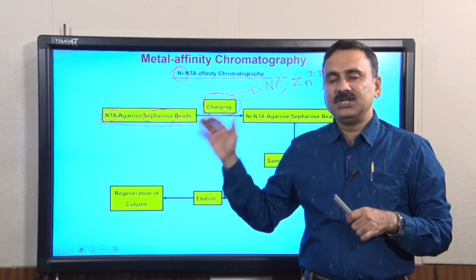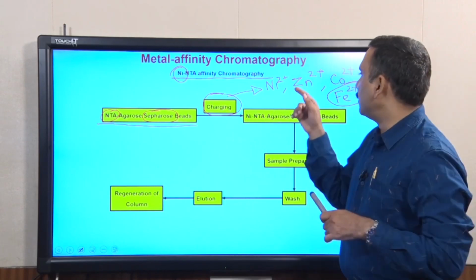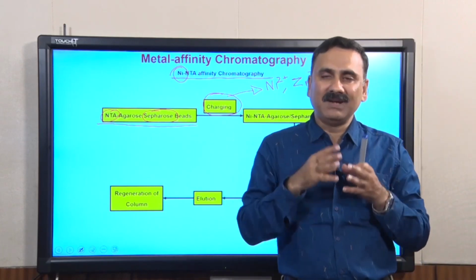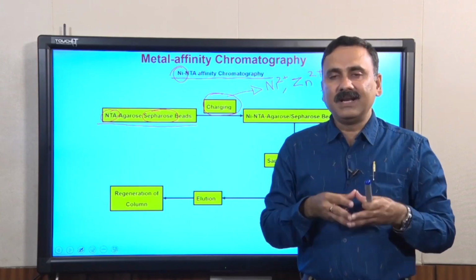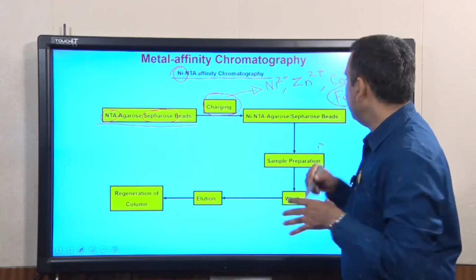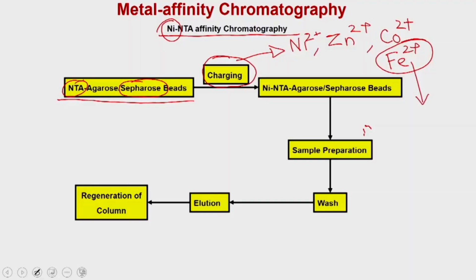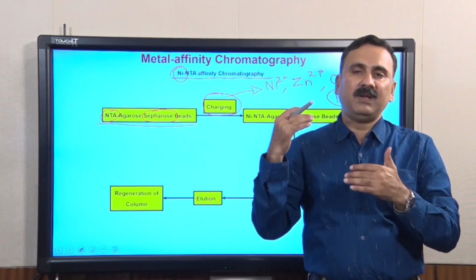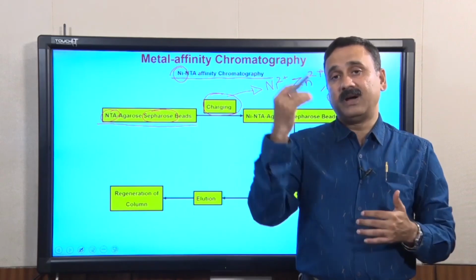Because the transition metals we are talking about, like nickel, zinc and cobalt, are highly stable compared to iron, because iron 2 plus very readily gets converted into iron 3 plus, and iron 3 plus gets reverted back because the protein may have a reducing environment.